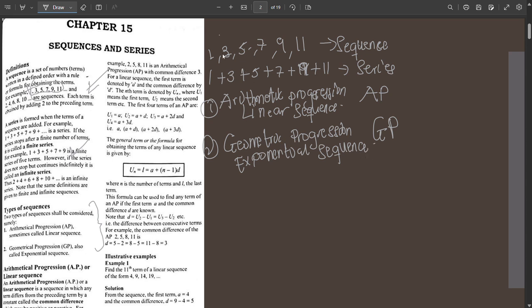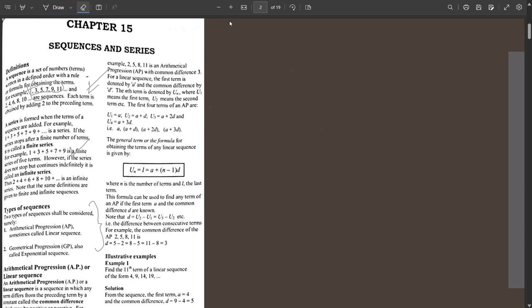Perfect. So we'll start with arithmetic progression.